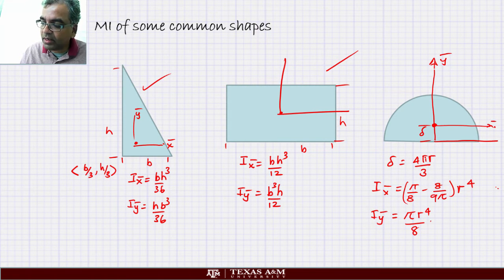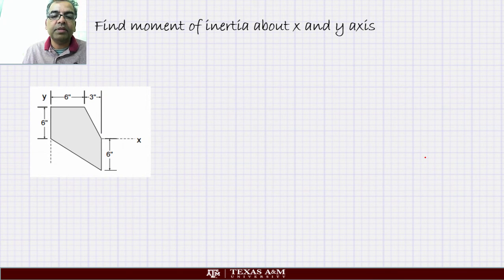Okay, now let's look at something like this. Find the moment of inertia of this object around the x and y axis. You look at this thing and you're thinking, yikes, what do I do?